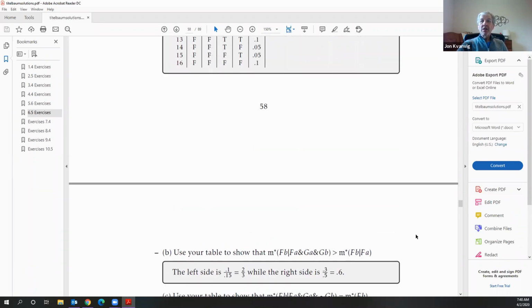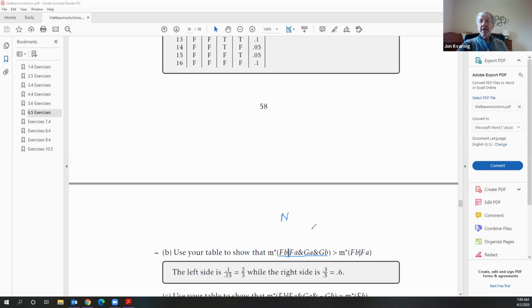Now, use your table to show that the M star measure has this probability exceeding this one. All right, now you know that a conditional probability is just a division problem by the ratio formula. So we put this conjoined to the condition itself as the numerator.